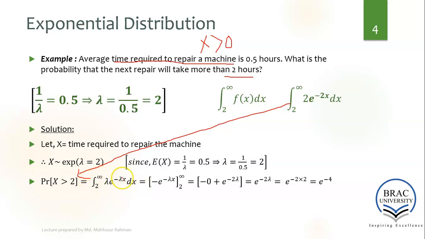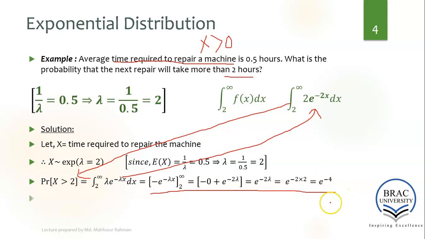That's the form we have: 2 times e to the power minus 2x dx, and after some simple calculation you will get this value, which is 0.0183. It's a very small probability, I must say.